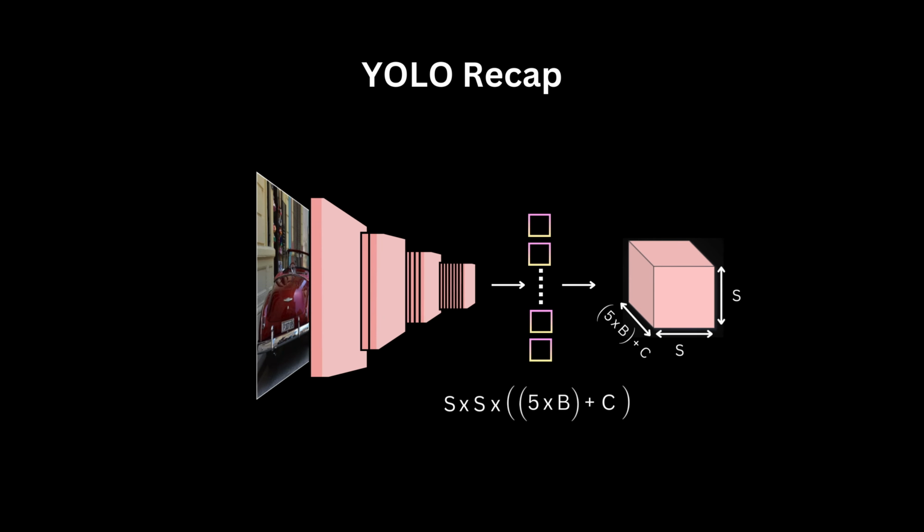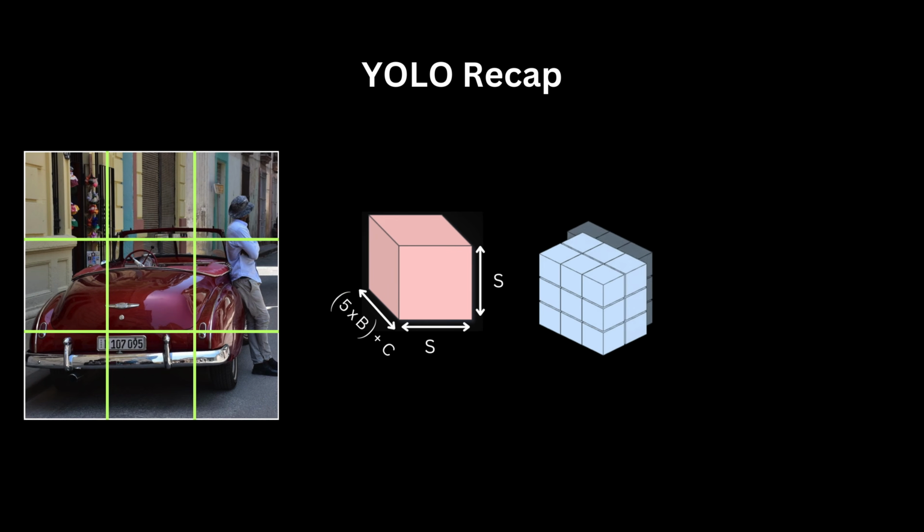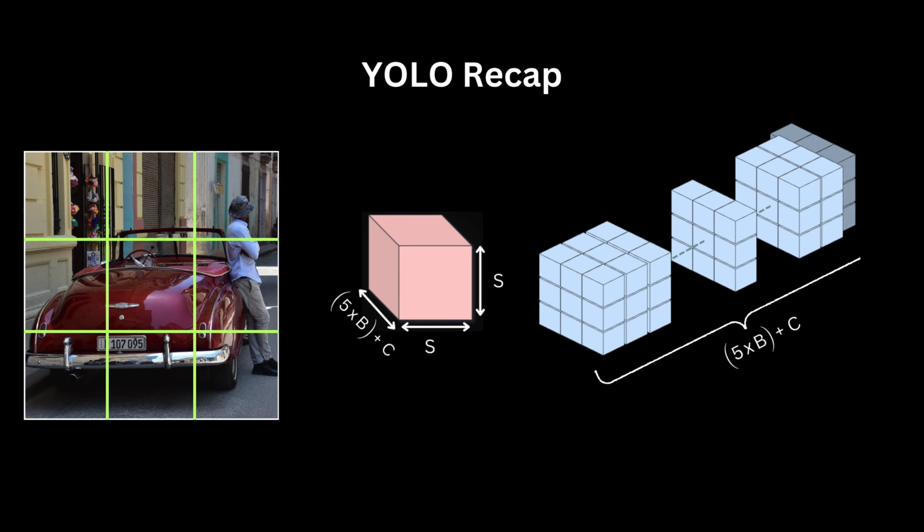These 5B plus C channels represent the prediction values for each of the S cross S grid cells. The channel values at the first cell location represent the prediction values by the model for this grid cell. And similarly, the channel values in the last one are for this image grid cell.